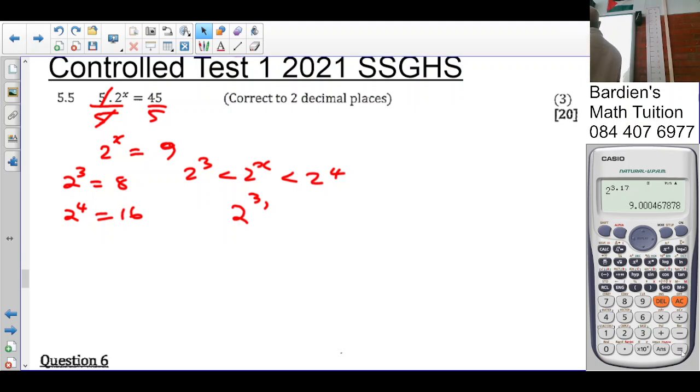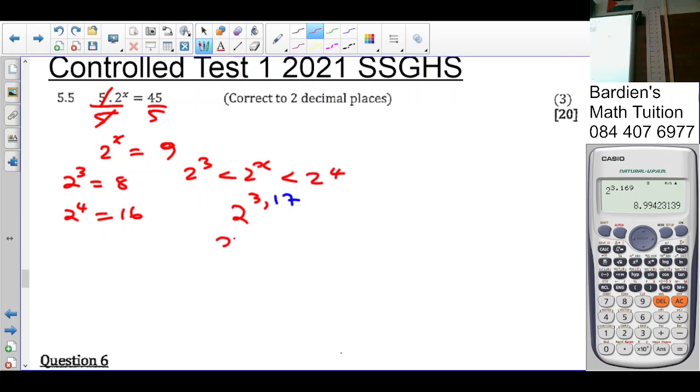Yes, very close. No? So you can get the 3 comma 17 or 16 would give us. Let's see what 3 comma 16 gives us. 8.9. Yes, so 2 to the 3 comma 17 is fairly good.